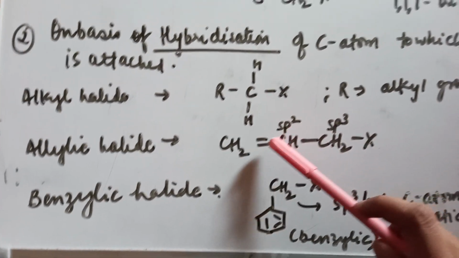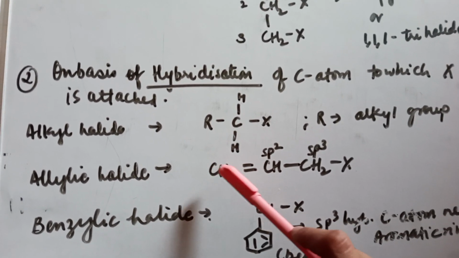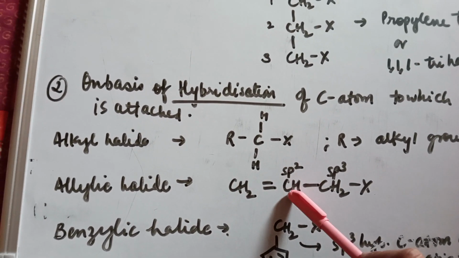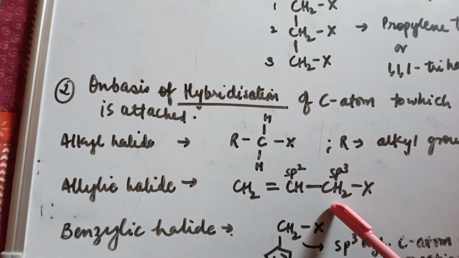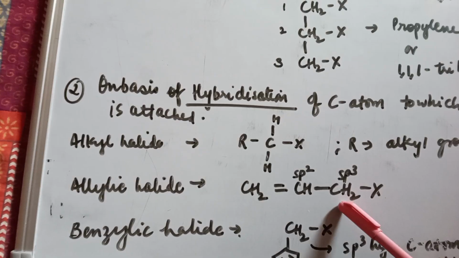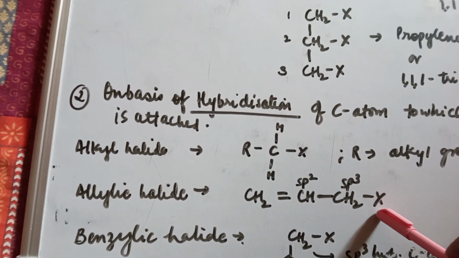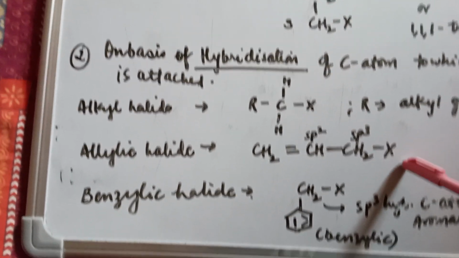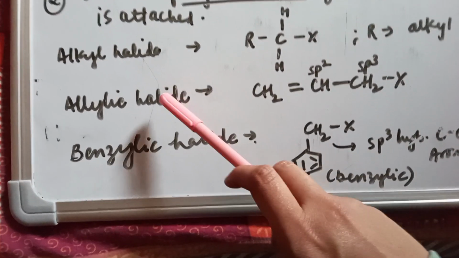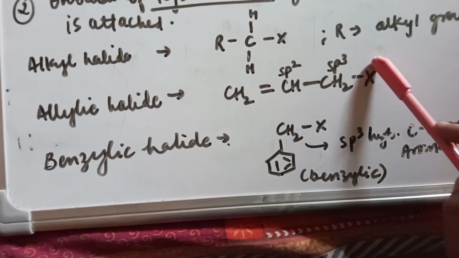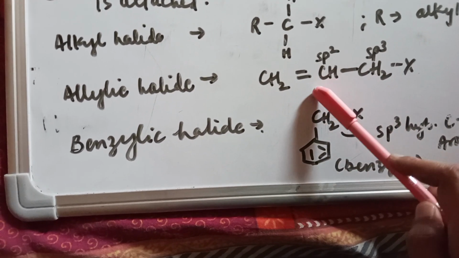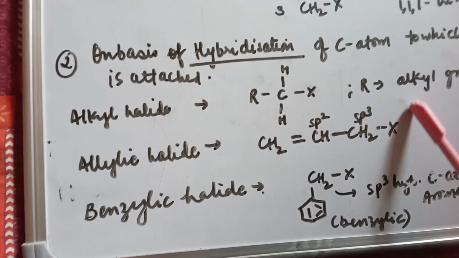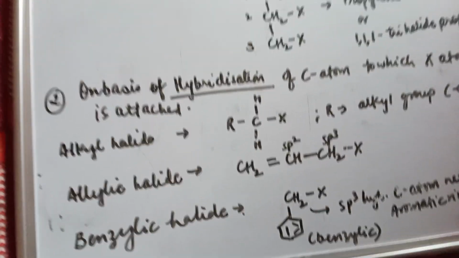Please take note of it. Here an sp2 hybridized carbon atom is attached to an sp3 hybridized carbon atom, which is thereby attached to a halogen atom. To sum up, the halogen atom is connected to a carbon atom which is next to an allylic group. That is why this compound is called an allylic halide.